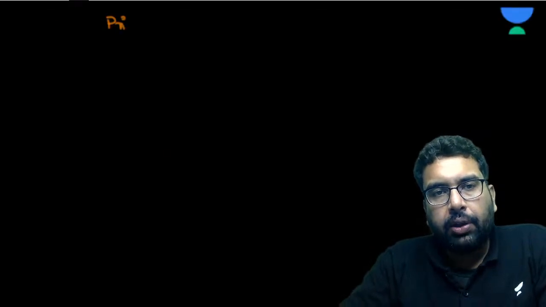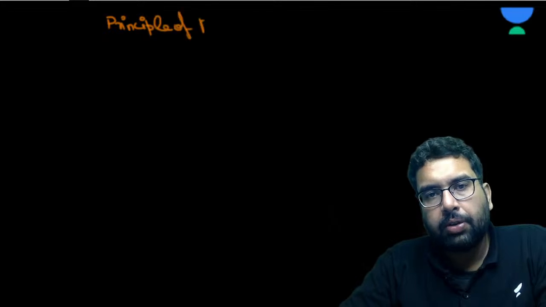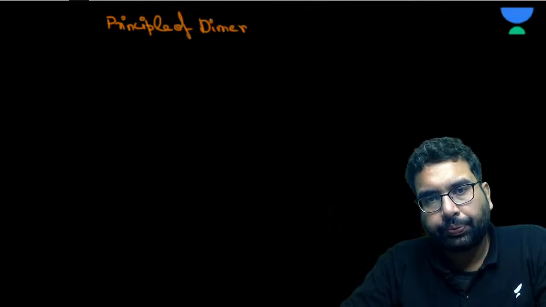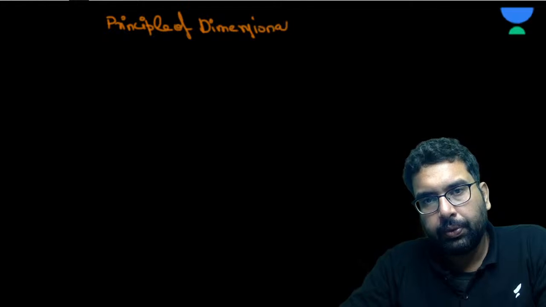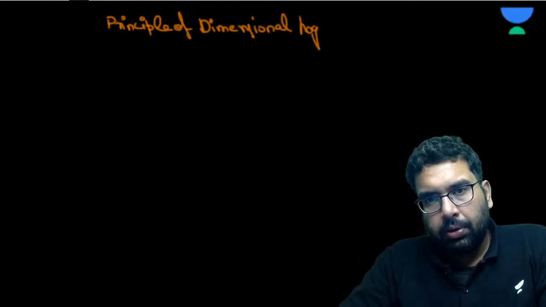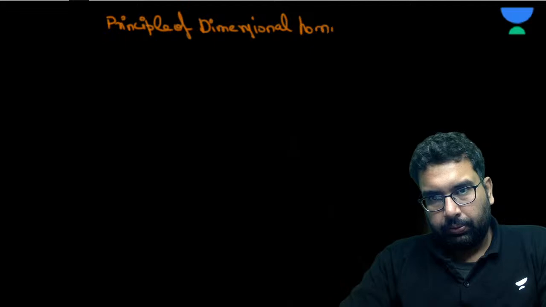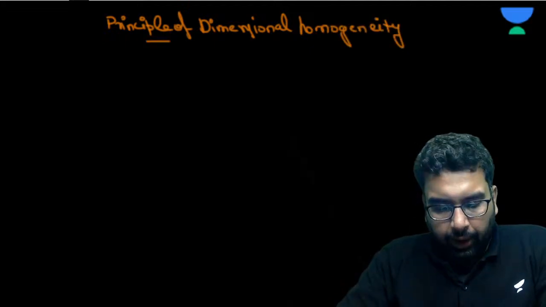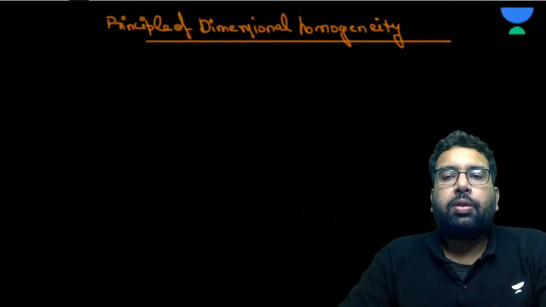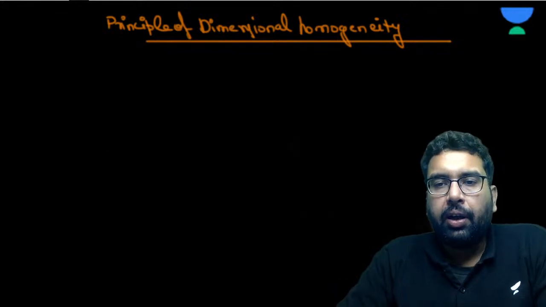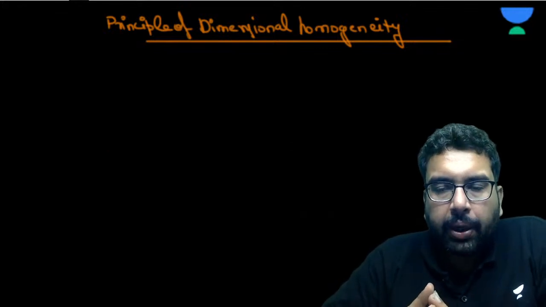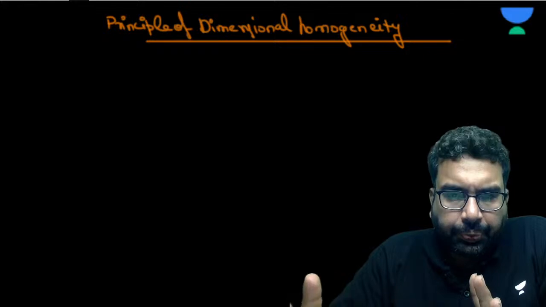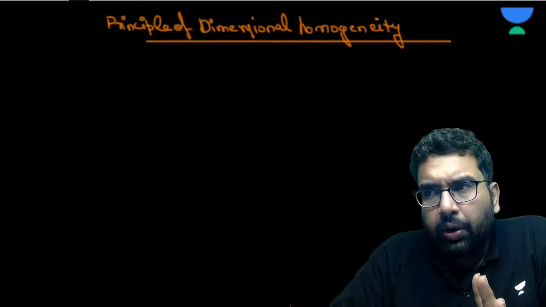Now you will see the question on the use of the principle of dimensional homogeneity. What is this principle of dimensional homogeneity, guys? It is something that we already know.